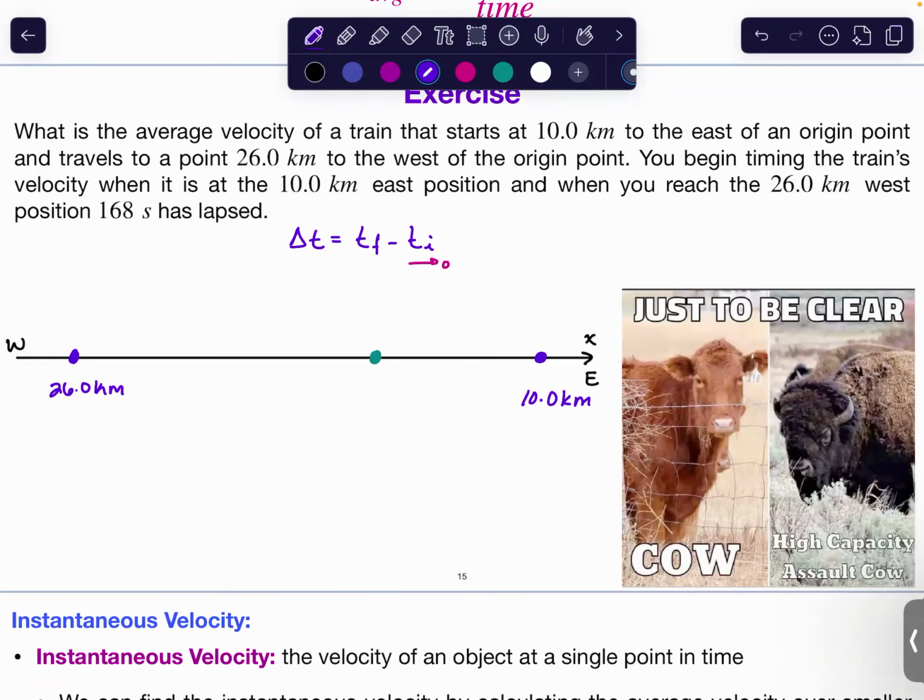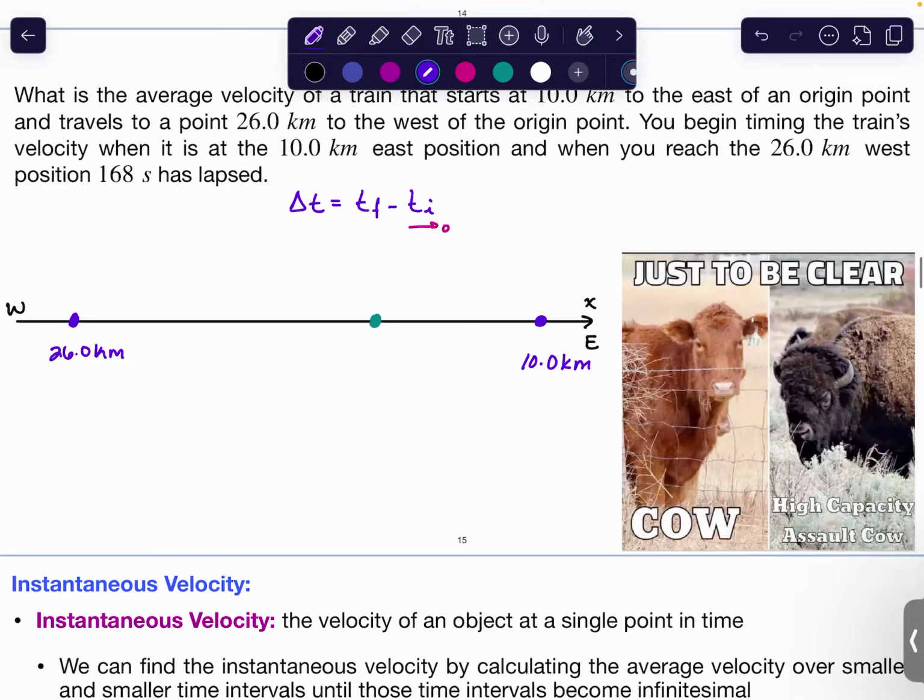Now, your generalized equation is the displacement vector. Do I need to go through all of that? Nope, I only need to work in the X direction. Let's think of this in terms of vectors so we understand why our signs come out the way they do. So the average velocity is going to be delta x over delta t.